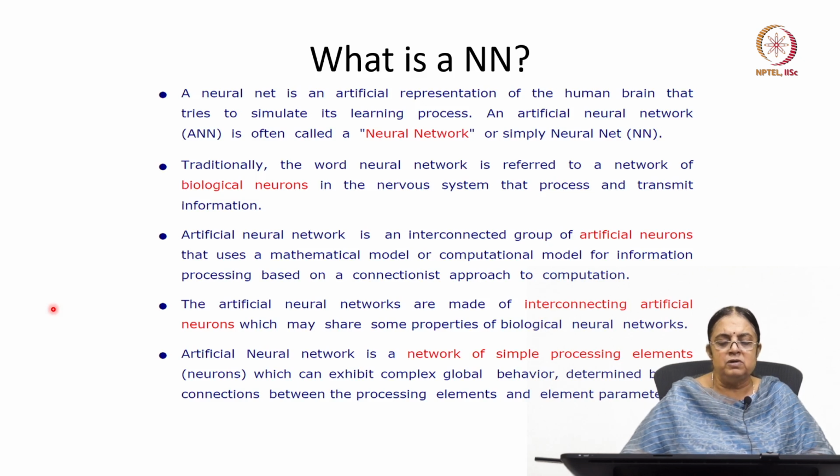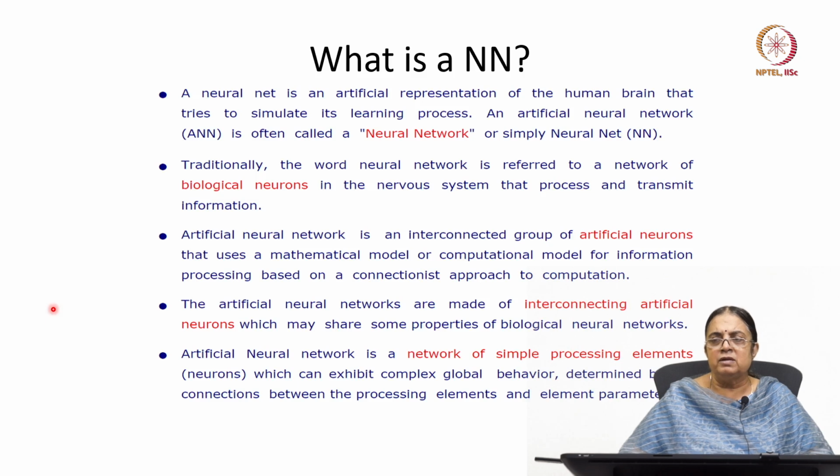So a neural network, if you see, it has the word network, which means that it's a graph. So basically you have nodes and you have edges or the links between nodes, and it's mainly directional edges that we have between nodes. So you have something called input nodes, and to the input nodes we'll be giving the input, and you have the output nodes, and in the output nodes we'll be getting the output of what we want.